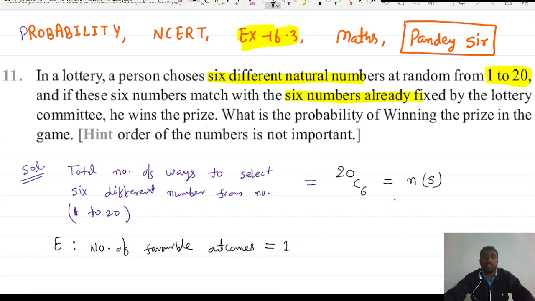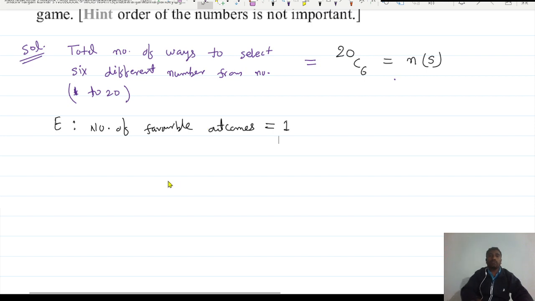So now what is the probability of this? If you want to find the probability of winning the game, in the favor you have only one, that is the number fixed by the committee, divided by the total number of possible ways that one can get.